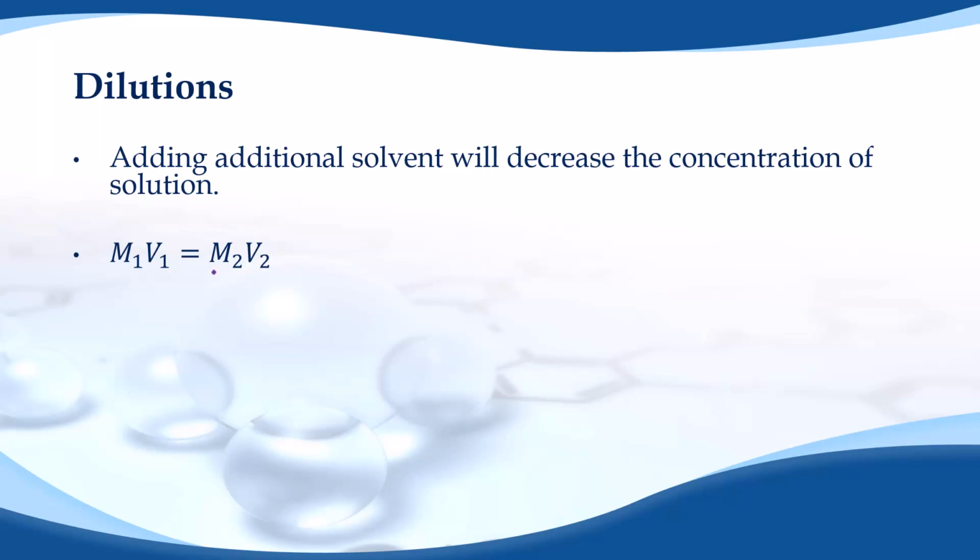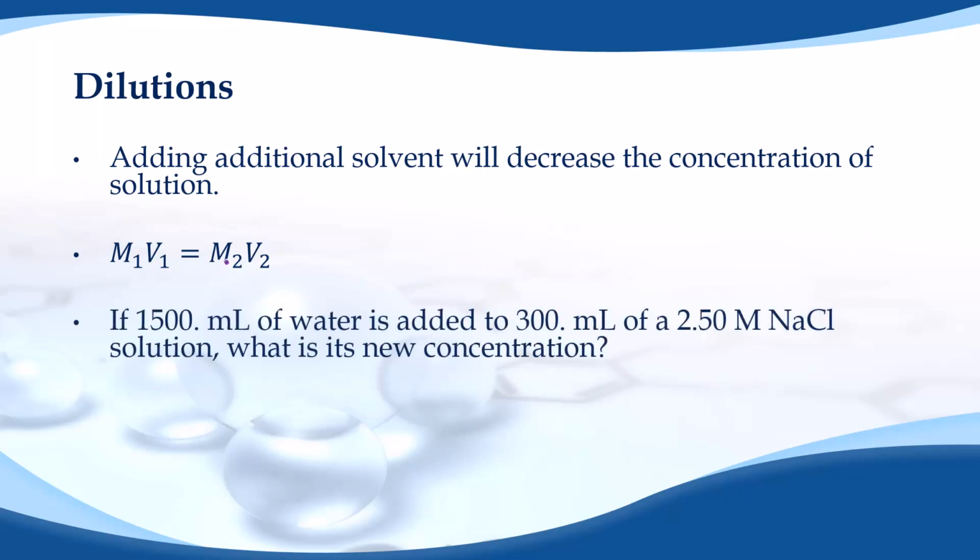So for our example problem here, we start off with a 300 milliliter solution of sodium chloride. So 300 milliliters is our V1, 2.5 molar is our M1. Then we add 1500 milliliters of water to that. Now, here's the trick. 1500 is not V2. Right? I didn't say we were diluting it to 1500. I said we were adding an extra 1500.